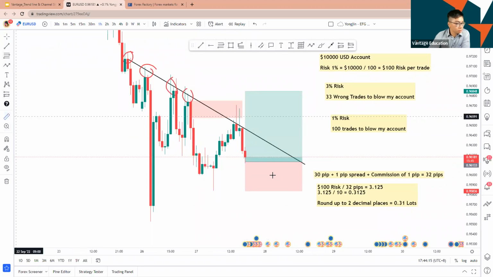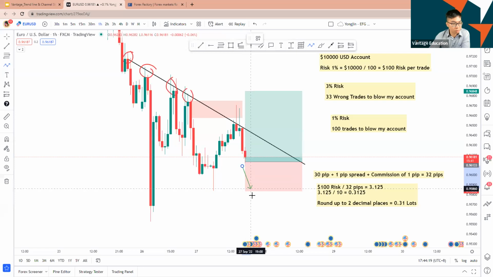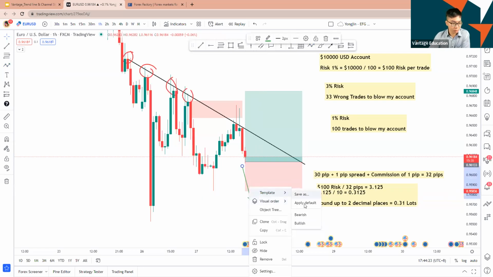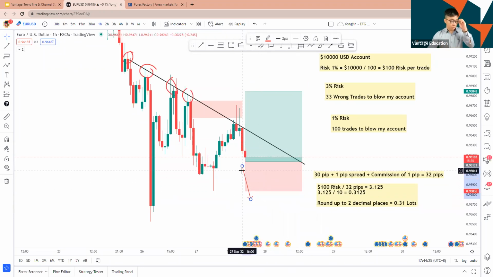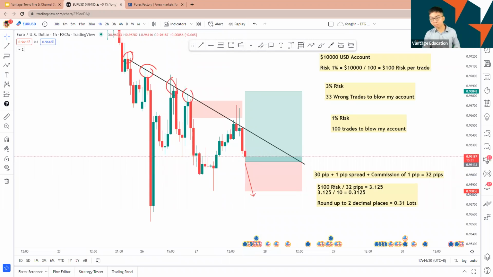So let's take a look. Let's say price goes all the way down to my stop loss. I would have only lost 1%, maximum $100. When I first started trading, people actually told me that for any single trade you do, use the same lot size.